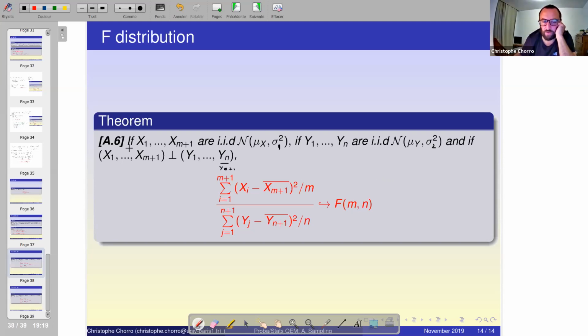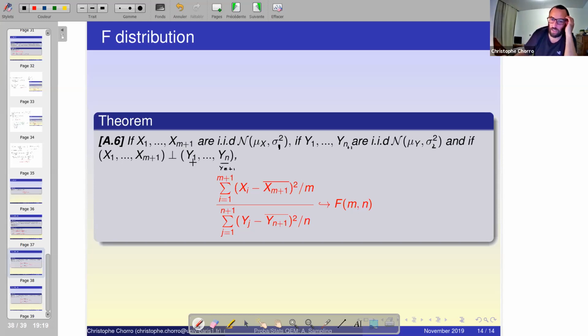Okay, so in fact, you have an m plus 1 sample of N(mu x, sigma 1 square). You have an n plus 1 sample of N(mu y, sigma 2 square), with variances that are different here. And I suppose that both samples are independent. So I have m plus 1 observations of a distribution, n plus 1 observations of another distribution, and I suppose that these two sets of observations are independent.